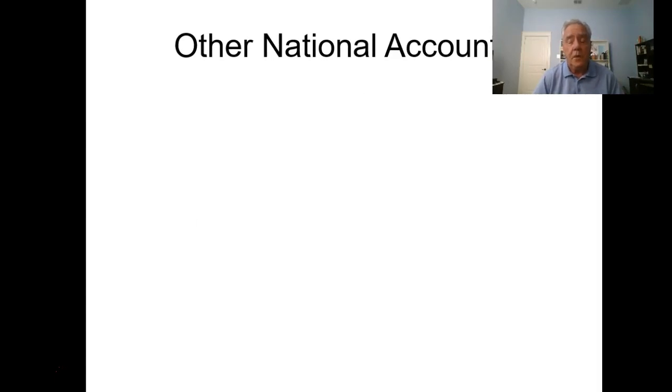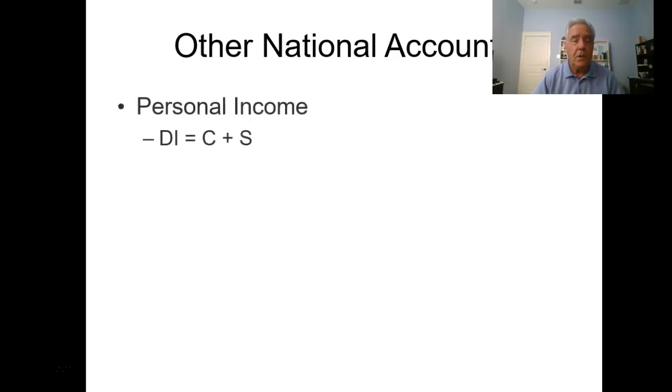All right, we started on this other national accounts. This is important because there are other things that are involved that do have an influence on our GDP calculation. And one of the most important is disposable income. I used the example on the board today where you're working for $7.25 an hour. Your employer takes $1.25 for FICA and other things, and you end up with $6 per hour.